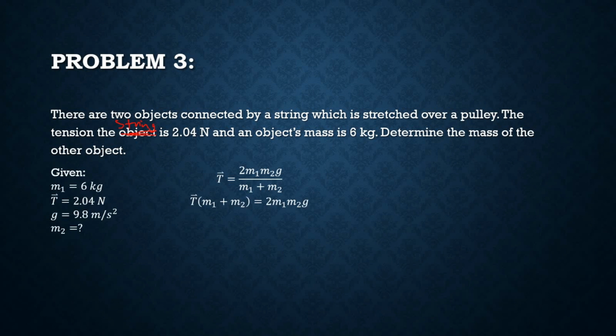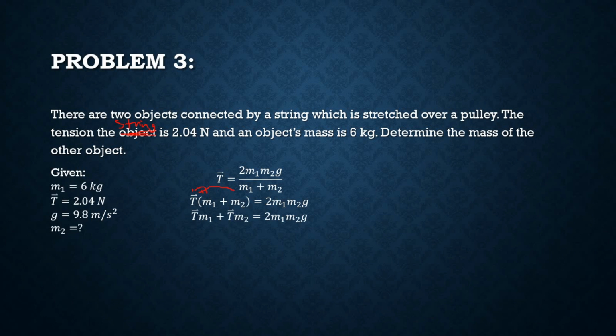Okay, so we have to play with the formula. We multiply both sides by m sub 1 plus m sub 2. After that, this will be the outcome. Then you distribute the tension to m sub 1 and m sub 2, which will give you this.